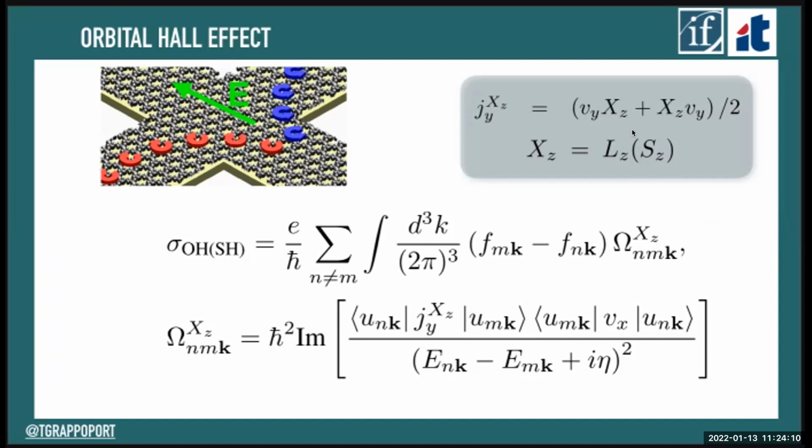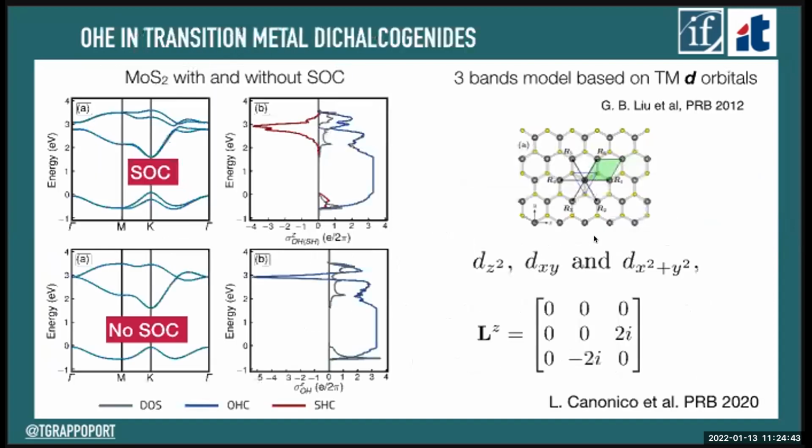So it's very similar to the way you calculate the spin current with the Kubo formula, but we change the operator. Instead of using a spin operator, we use an orbital angular momentum operator, and I will go back to that at the very end of my talk. And we can also write this Kubo formula in terms of the orbitally projected Berry curvature as well. So that's the way we write it here.